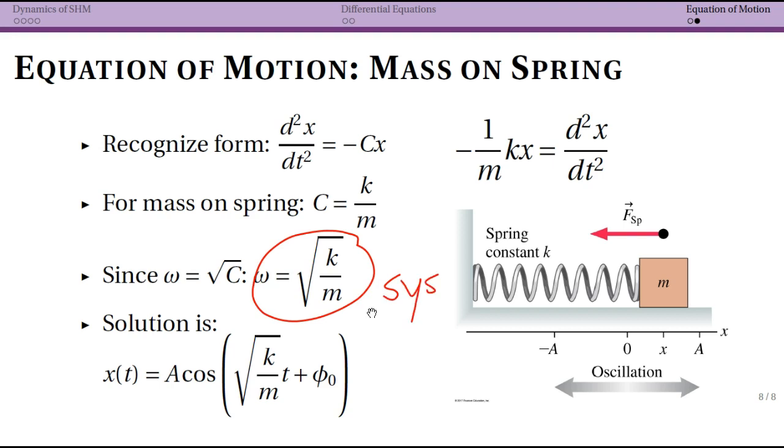And we said that earlier when we used conservation of energy. And again, at that point, I was using this cosine form without really justifying where it came from. But conservation of energy also said that how you start your system does not impact capital T, the period, or omega. So this comes from your system, and then A and phi naught are your initial conditions.